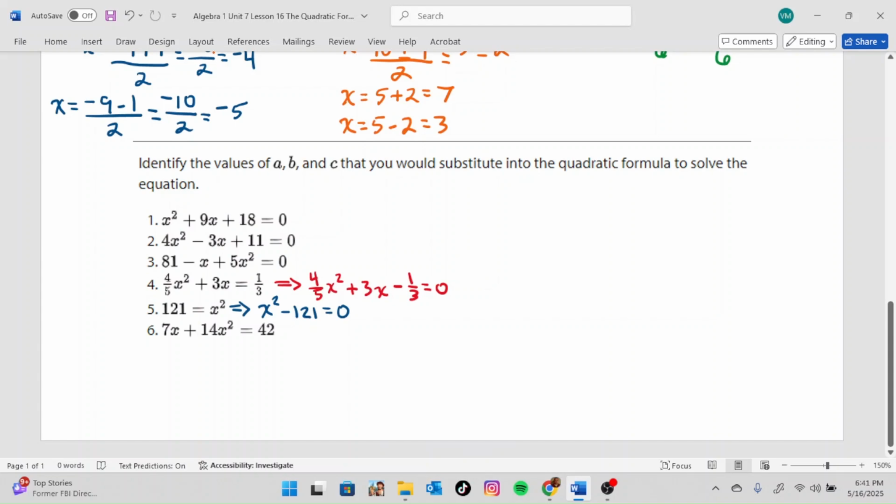On number 6, we need to subtract the 42 to move it over to the left side and set this equal to 0. So we'll have 7x plus 14x squared minus 42 equals 0.